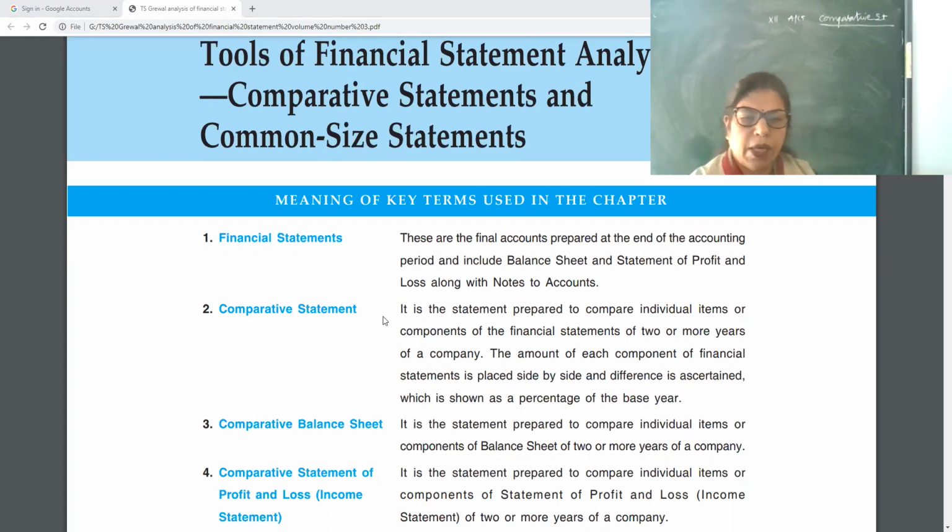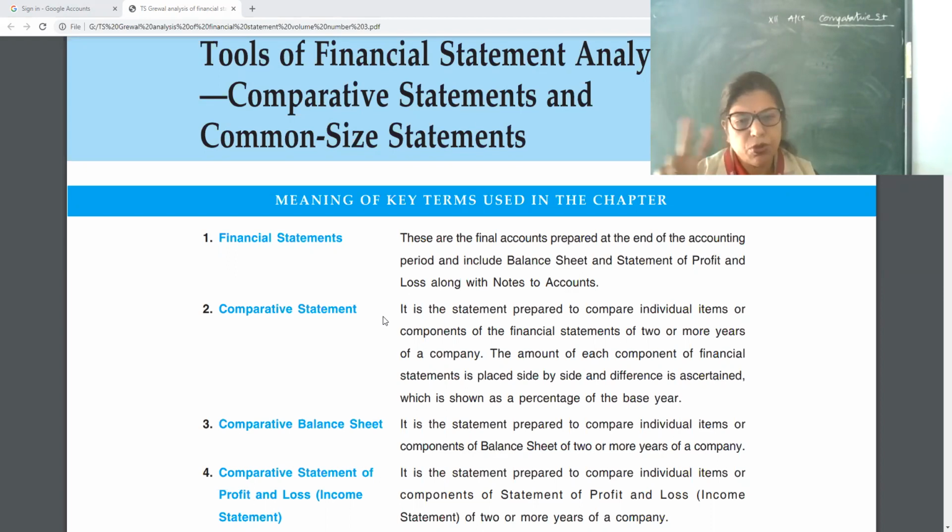Then, what is comparative statement? Yes, today's topic, comparative statement. First of all, we have to complete the theory part, then we will move towards numerical. Comparative statement is the statement prepared to compare individual items or components of the financial statements of 2 or more years of a company.